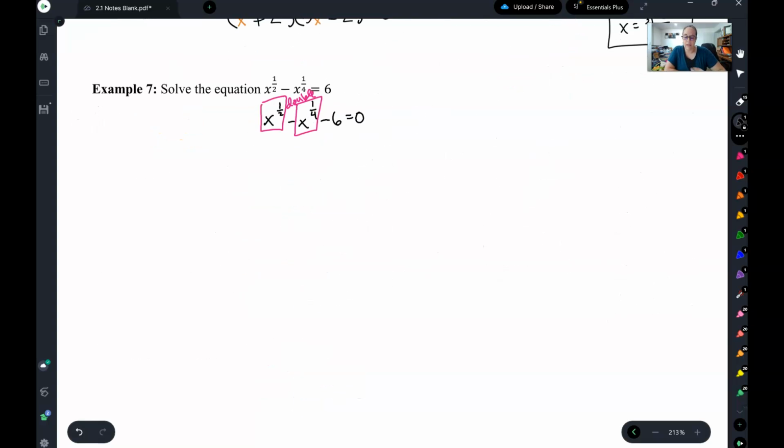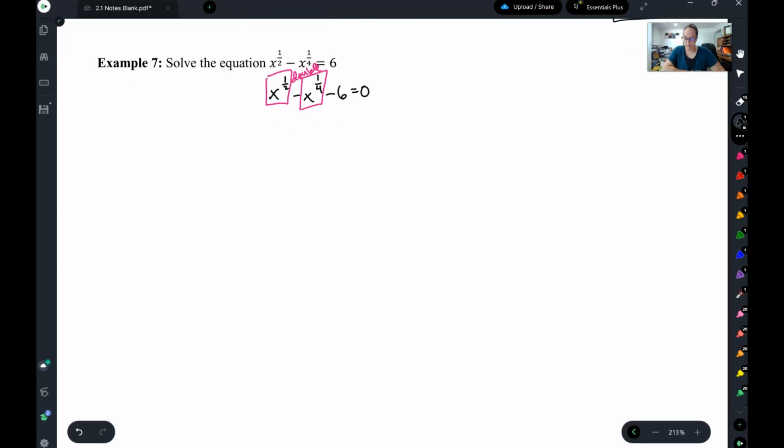So let's try that again with another example. We've got this one right here in example 7. Notice once again that the doubling pattern is happening. So as long as we're doubling, I can do my u substitution. And we'll still see the doubling happening in our u substitution. We double here, we double there.